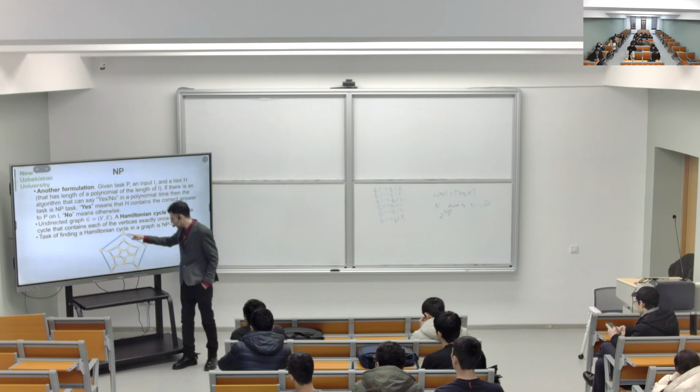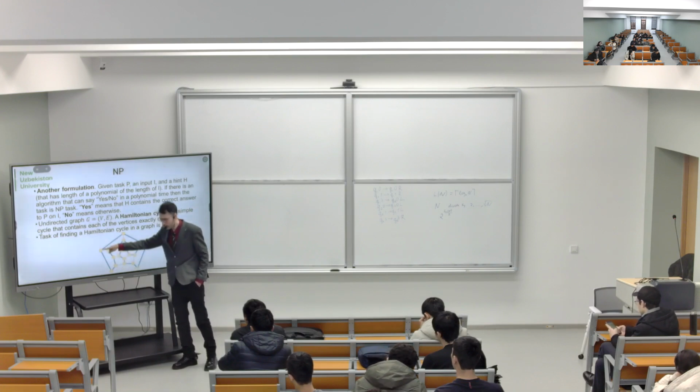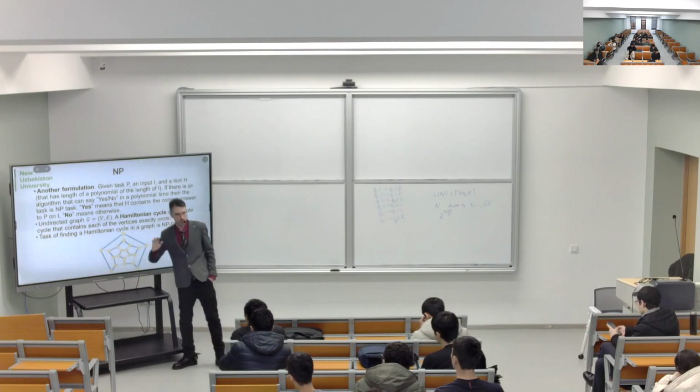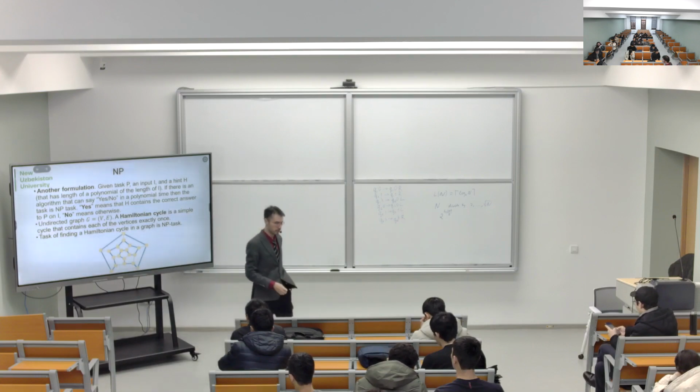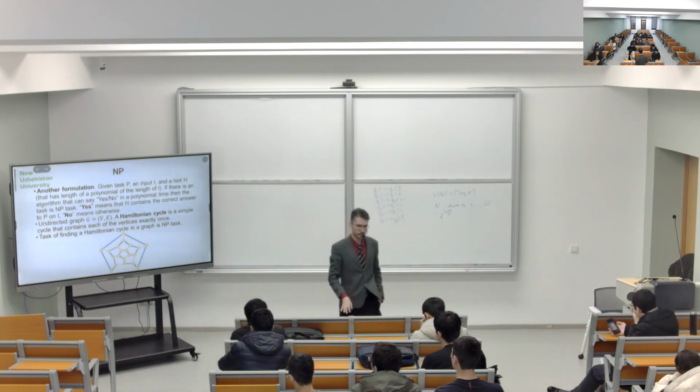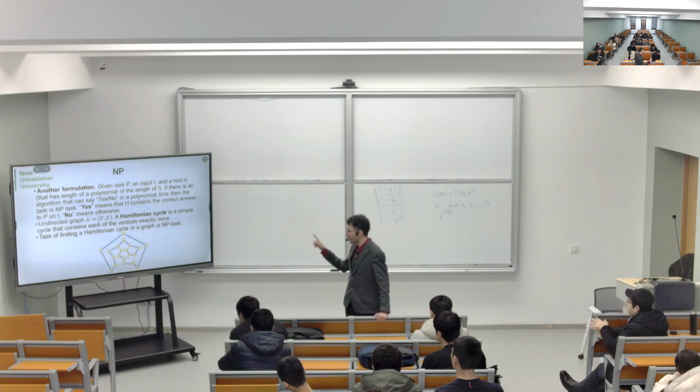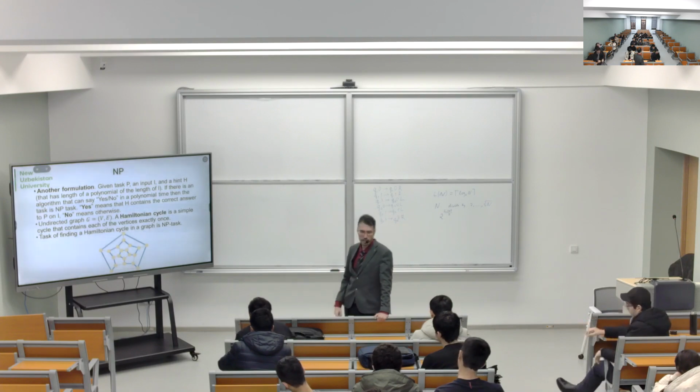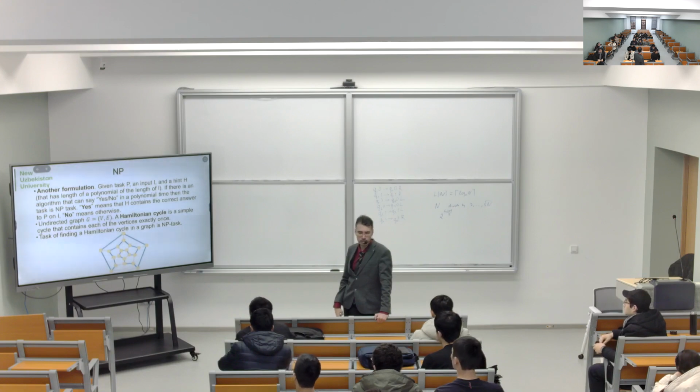So we start from here, go along like this, and come back here. And that's all. So this is the Hamiltonian cycle. This task is a non-deterministic polynomial task. How can we prove this? We need some problem that, given the input and the hint, can say yes or no in polynomial time.